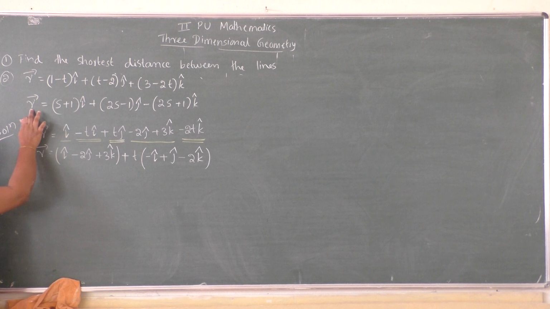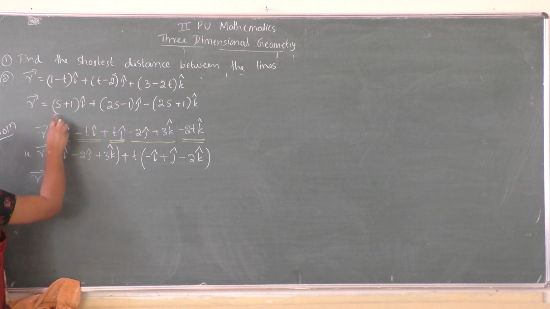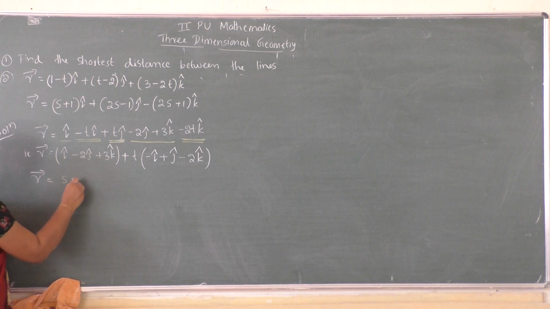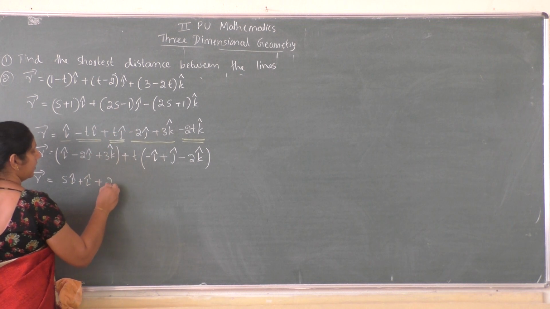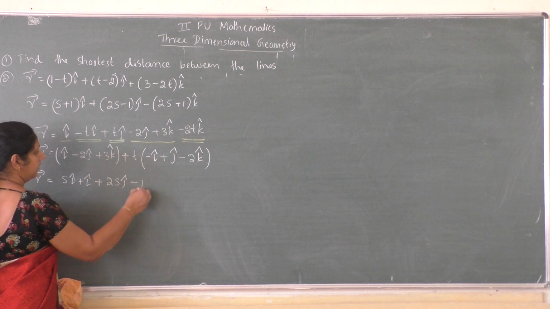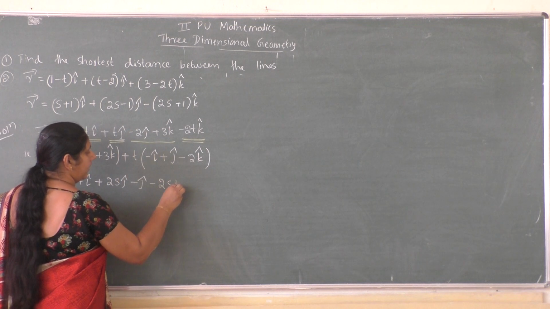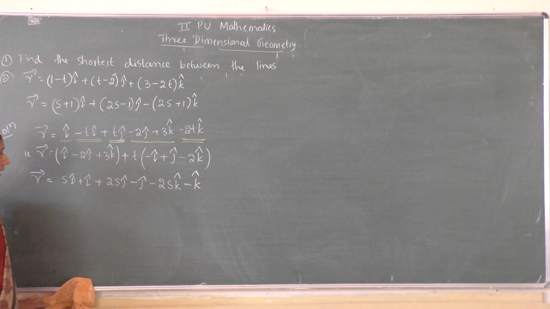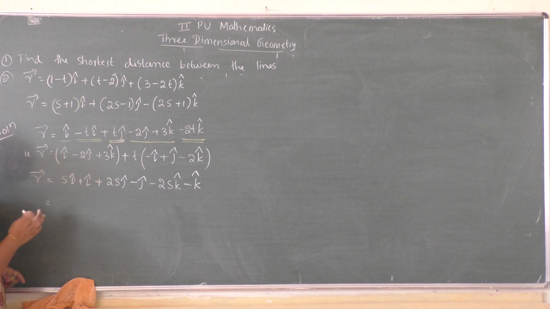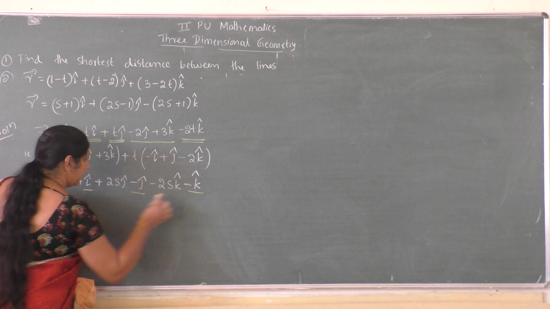Now similarly you have to simplify this, that is r vector equal to, just multiply the terms. We have s I cap plus I cap plus 2s j cap minus j cap minus 2s k cap minus k cap. Here also first you have to group the terms independent of s together, that is I cap minus j cap minus k cap.